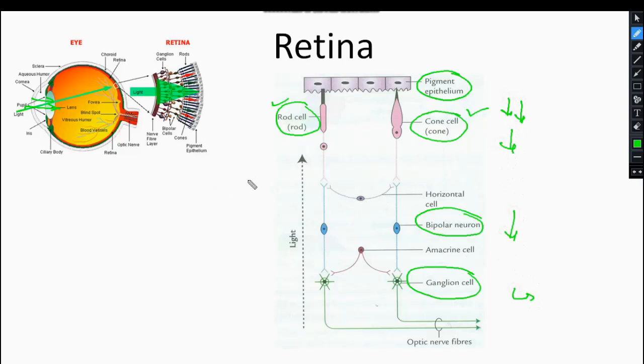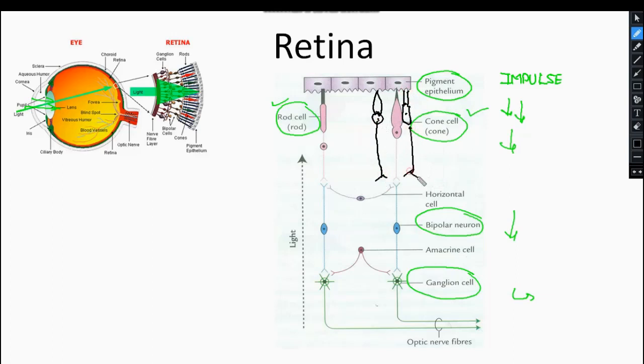I have shown you that optic tract, with the lateral geniculate body and the optic radiation, and the visual cortex. This image is to make things simpler, but in actual sense there are many rods. Let me draw to explain. Many cone cells, many rod cells, they join with the bipolar neuron.